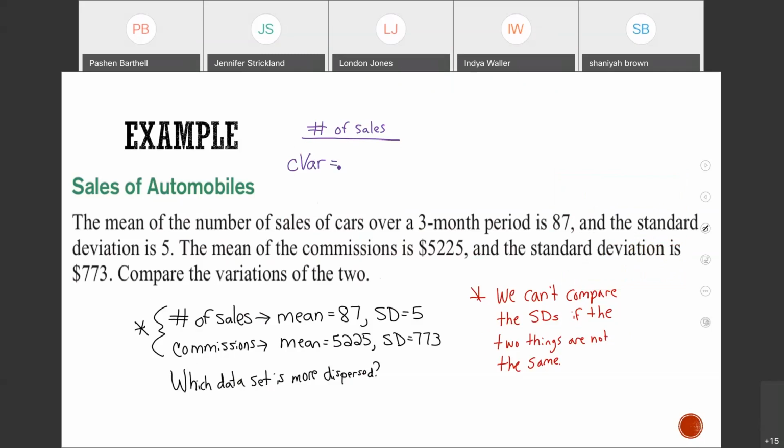So we put the 5 on the top of the fraction, 87 on the bottom, and then multiply by 100. That gives me 5.75. I'm going to put it in my calculator.